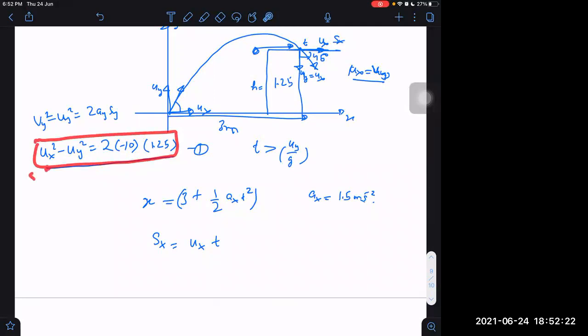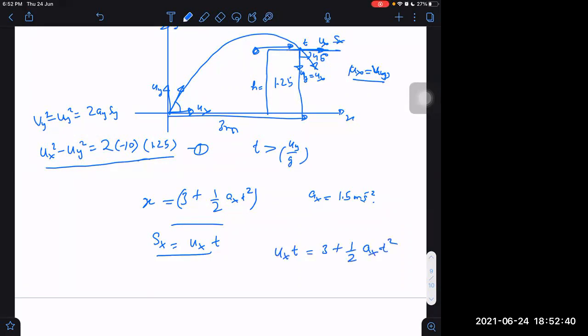You know how we are getting this? Because vy is equal to ux. So we can write this equation, but there are two unknowns here. The second equation is equating the exponents. So I'm writing the exponents as ux into t is equal to 3 plus half of ax into t square, which is equal to 3 plus 1.5 divided by 2 into t square.